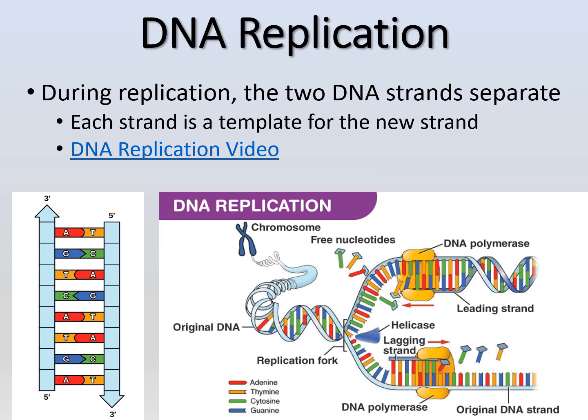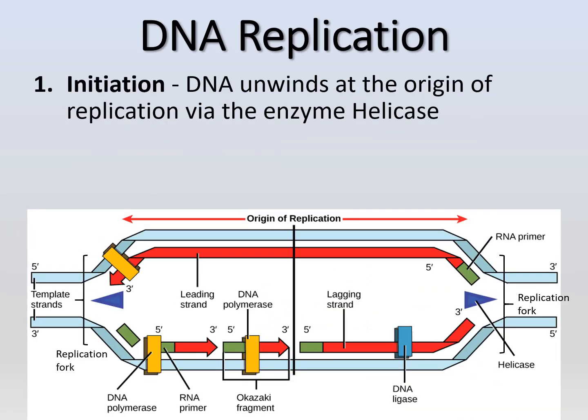There's also another enzyme called helicase that is going to be unzipping the DNA as it goes. Okay, so again, if you watch the video, hopefully this will help to solidify what's happening. But we'll go through the steps as well in the lecture.